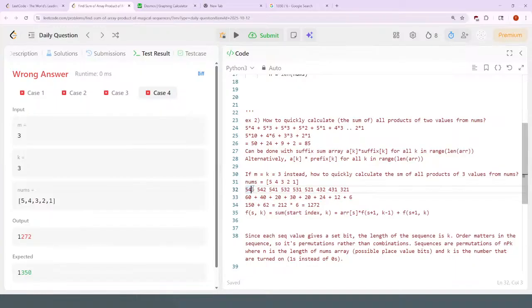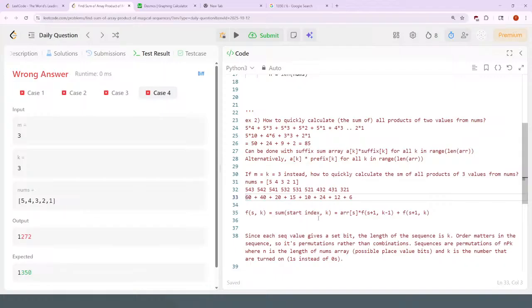So 5, 4, 3, 20 times 3, 20 times 2, 20 times 1. 5 times 3 is 15 times 2 times 1. 5, 3, 2. Wait, what? 15, 10, 4, 3. Okay, that only makes it strictly smaller though.